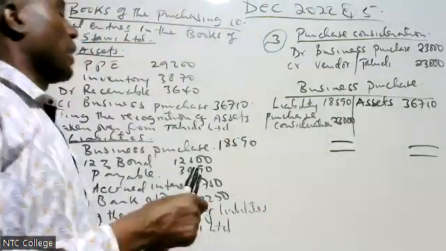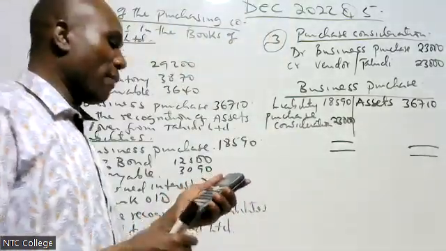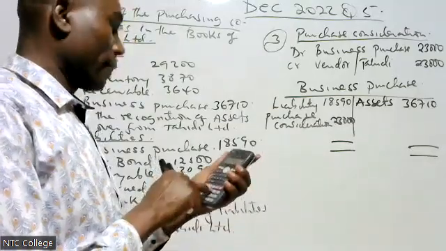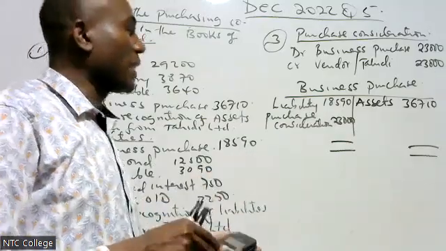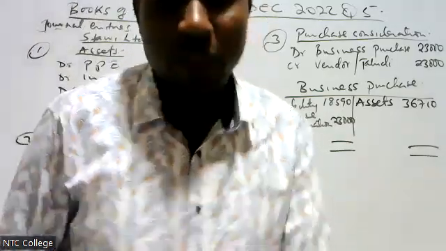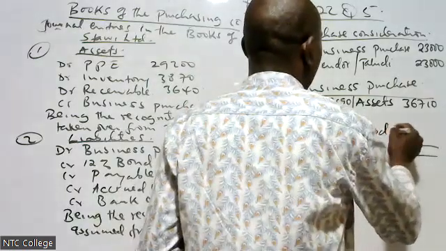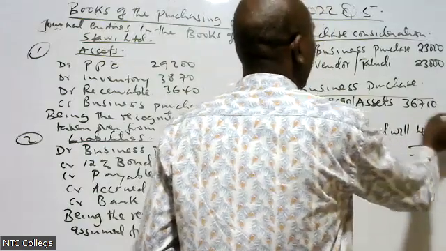Now, we check on our business purchase account and see if we have goodwill or capital reserve. I'm getting goodwill of 48,000.